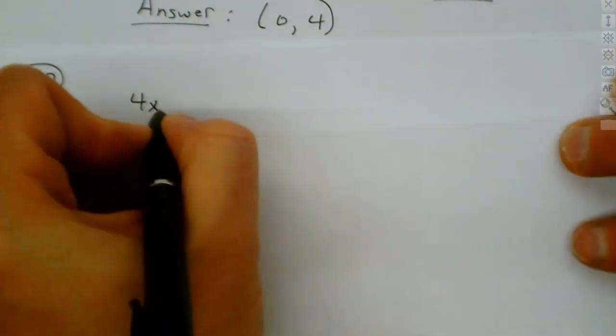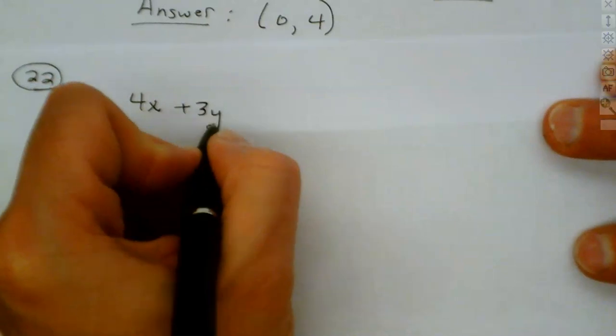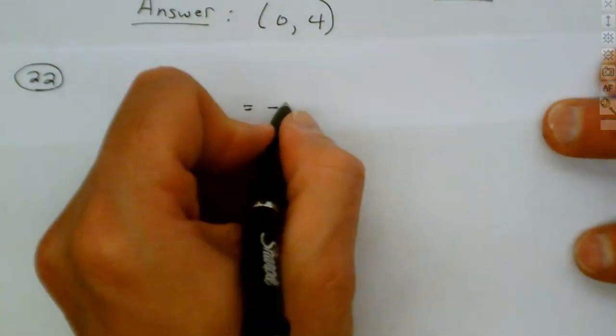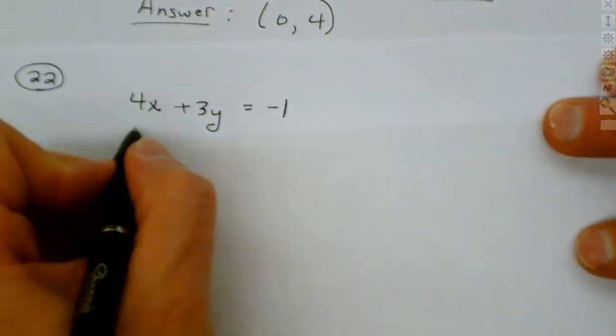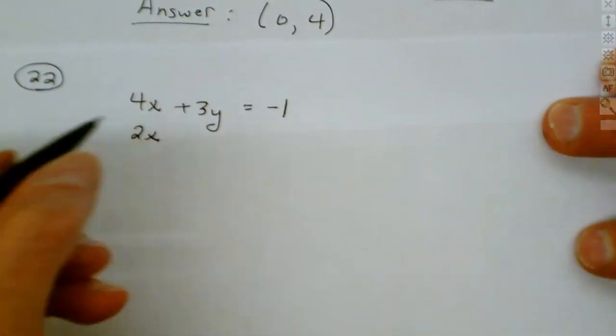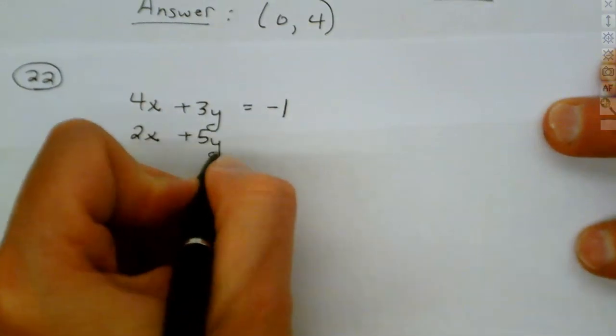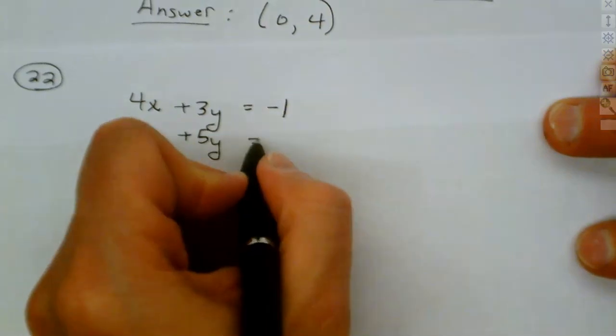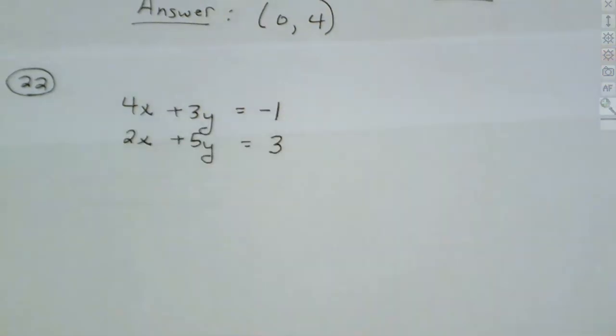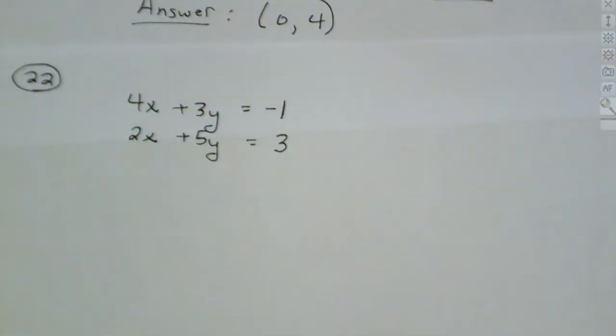Now we've got 4x plus 3y equals negative 1. And we've got a 2x plus 5y equals 3. I need to eliminate one of the variables.